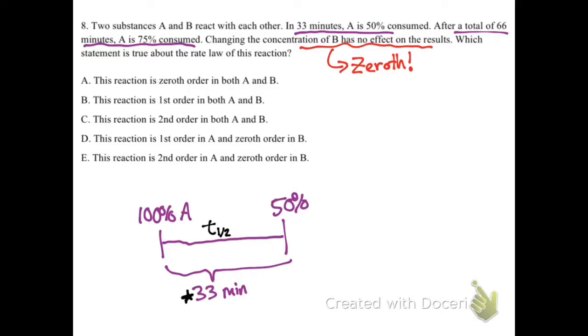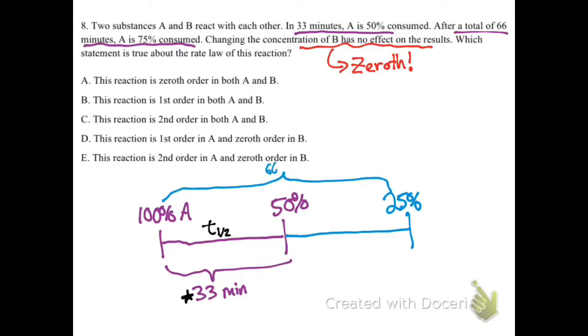Now then, it tells us that it takes a total of 66 minutes for A to be 75% consumed. So for it to go from 50% of the original concentration down to 25% of the original concentration. If we consider that this whole elapsed amount of time is 66 minutes total, we can reason that the amount of time it took to go from 50% down to 25% is 66 minutes minus the first 33 minutes.